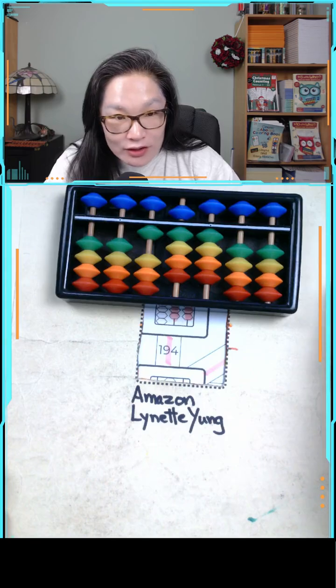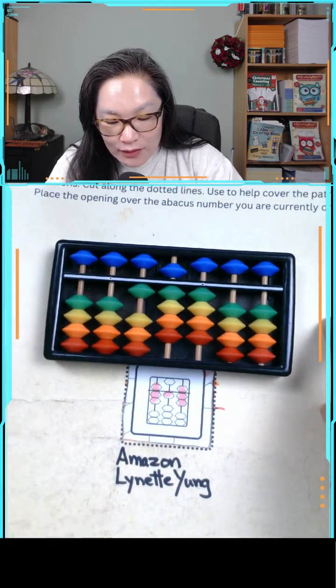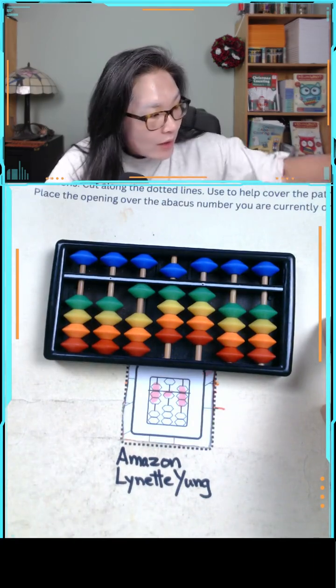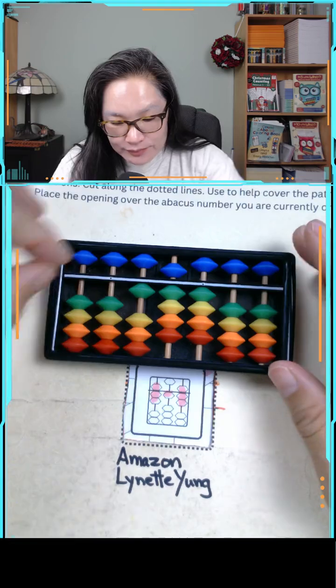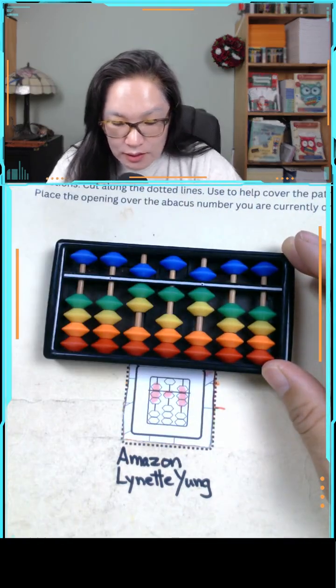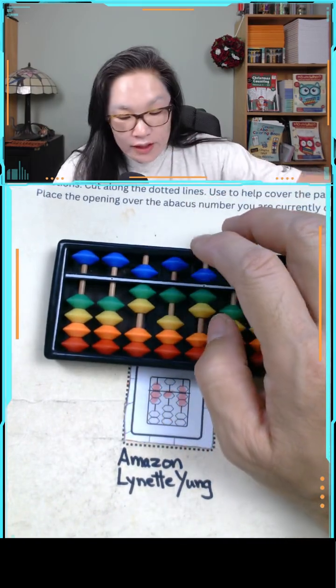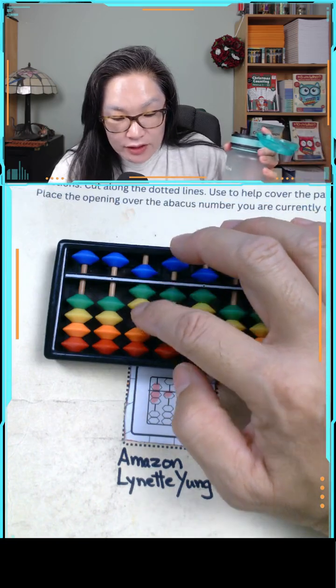So we have 194. That's what 194 is. And then we have our next number. We have our hundreds, our tens, and our ones. And that's what we have. So remember the top is a value of 5, right? So because we have that, we have 5 here and then 2 here.